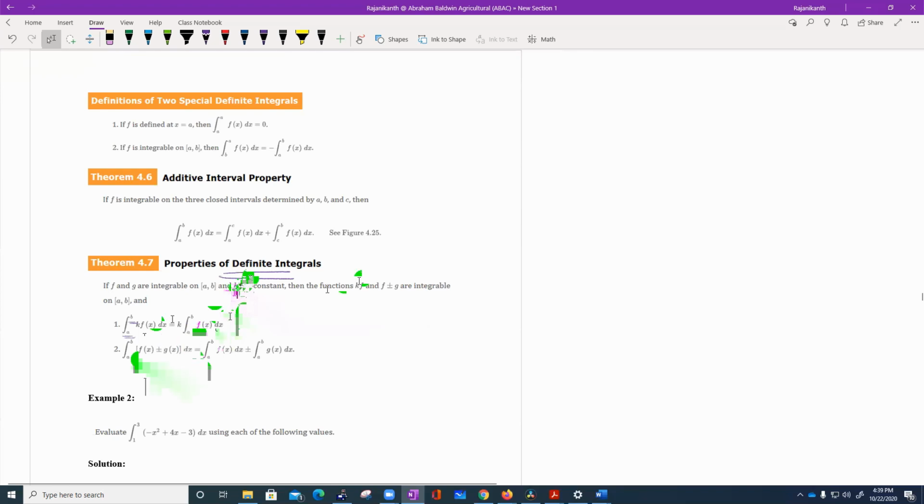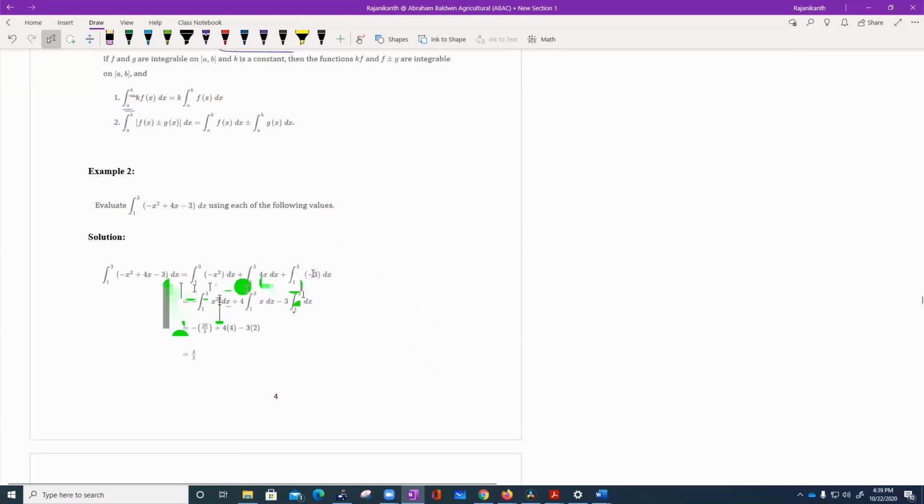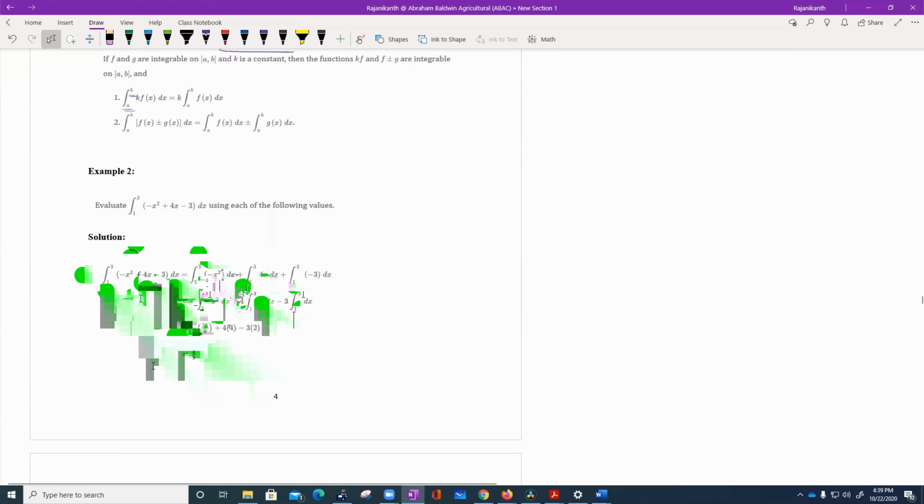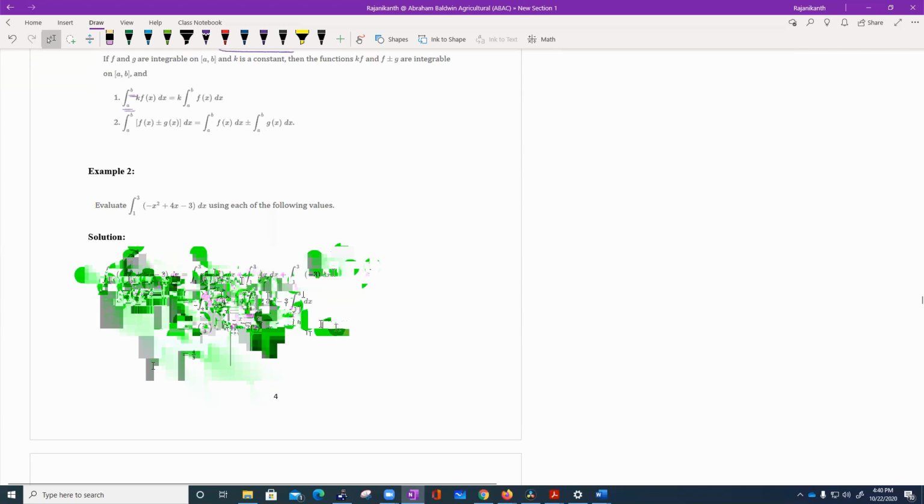You could use those properties to find the antiderivative, and here we use them to find the area. If you have a plus sign in between, you could split the integral and find the integral term by term, the first term plus the second term plus the third term. Then you know how to find the area. Just use those and find the answer.